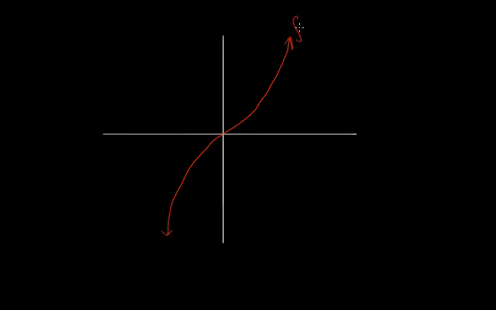So this is f of x is equal to x cubed, an odd function. So now if we multiply the entire function by -1, we get a reflection about the x-axis.